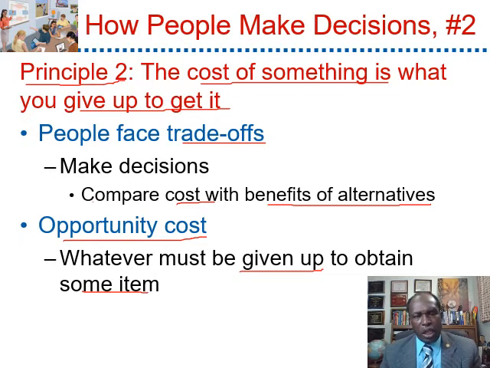The opportunity cost of attending college is the tuition that you have to pay, the fees that you have to pay, and the sacrifices that you have to go through, missing your parents, missing your friends, attending classes, and then also the foregone income.